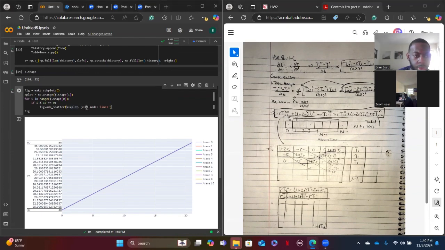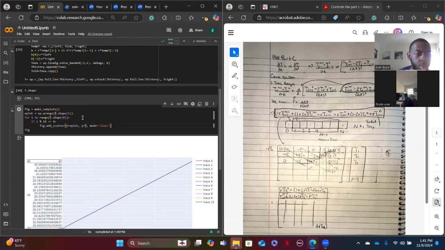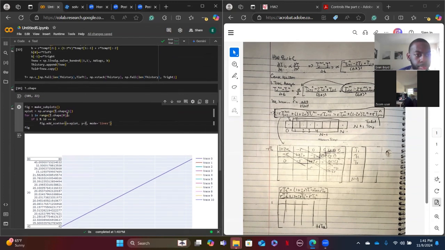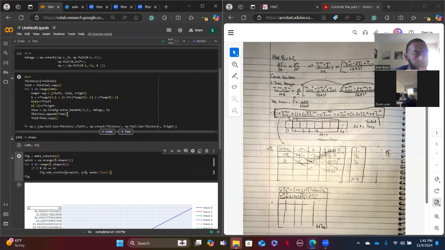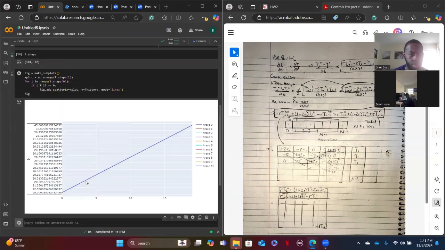I think it has to do with our temperature here. I think our Y is wrong because the Y shouldn't look like this. What would be our Y? Would it be T history? Maybe T history. No, that is also wrong.